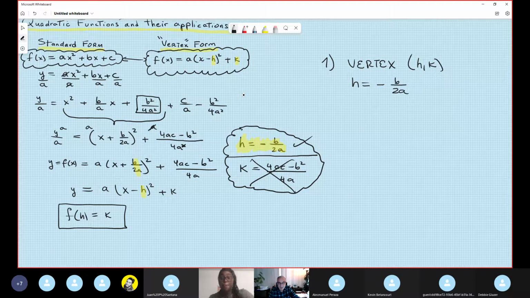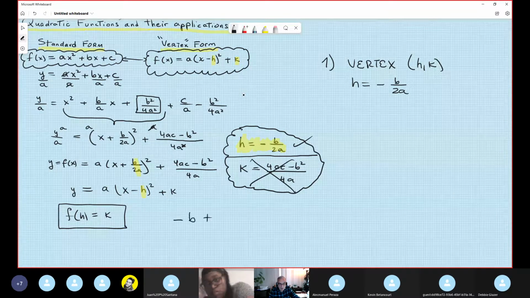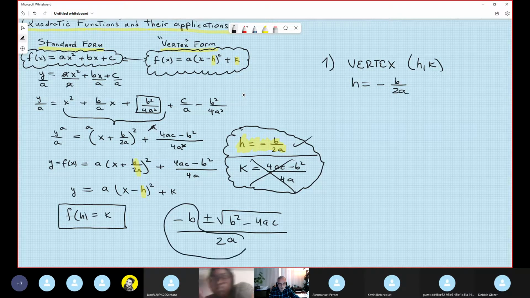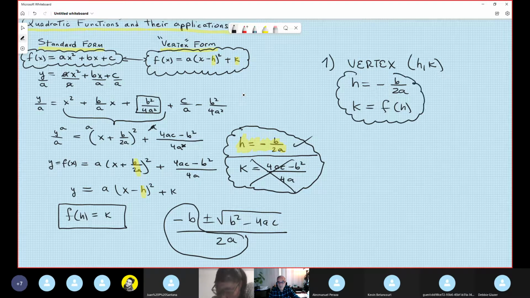By the way, guys, this looks like the quadratic formula to find the roots, minus b plus or minus the square root of b squared minus 4ac, divided by 2a. That part is exactly the formula for h. So in order to find k, you plug h into the function. Boom, that's it. It's the only formula you need. Okay, you will find the vertex.